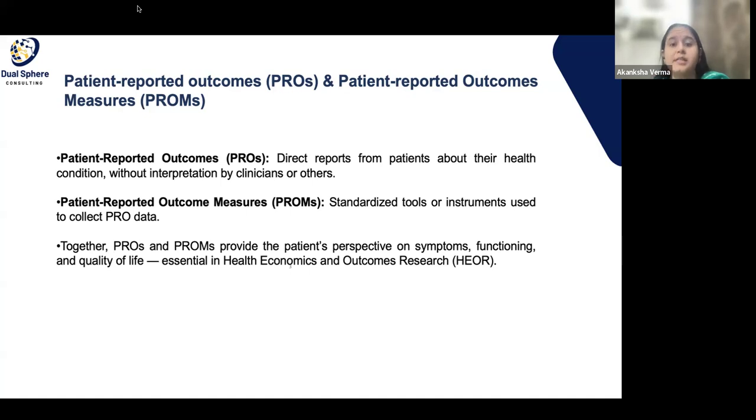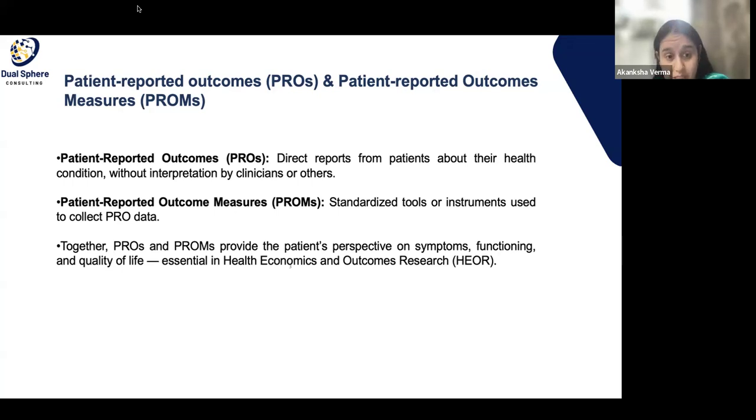And the standardized tools, the instruments which are used to collect those types of data are PROMs, patient reported outcome measures. Together these two things provide the overall patient outlook on his symptoms, his functionality, and his perception of his quality of life, which is essential for economic evaluations.